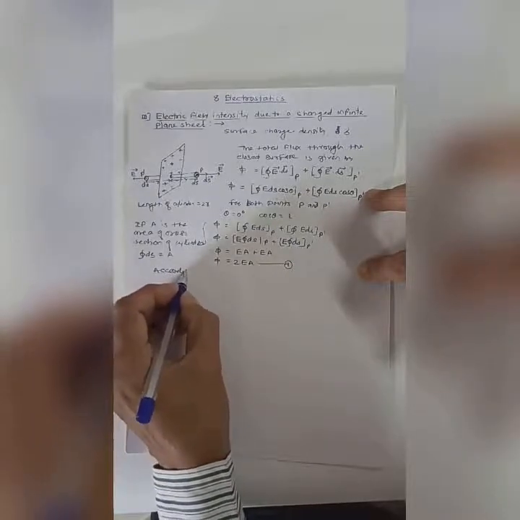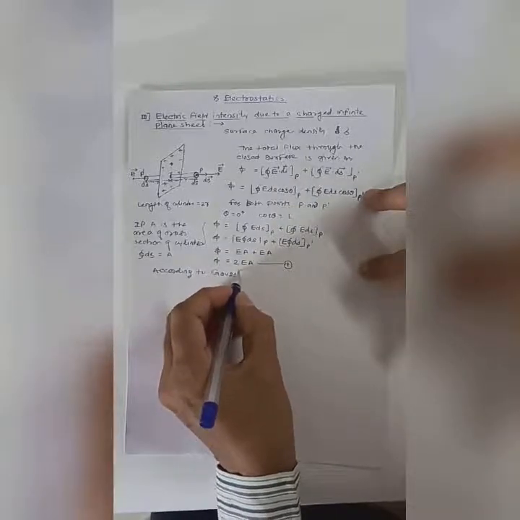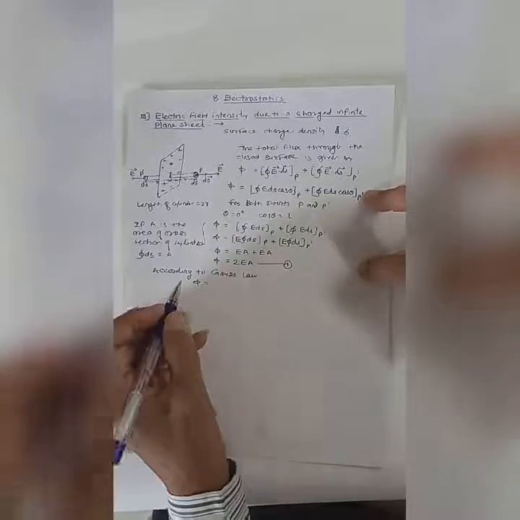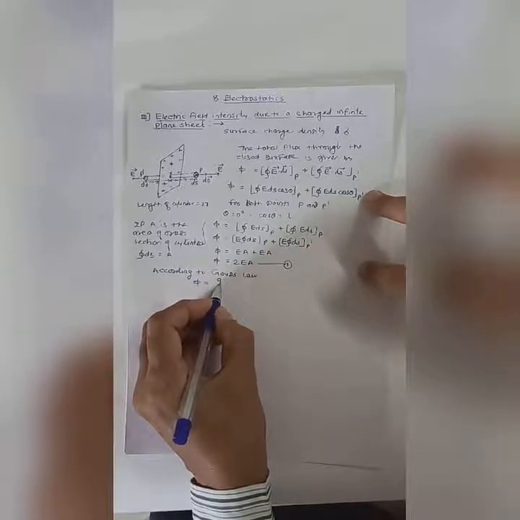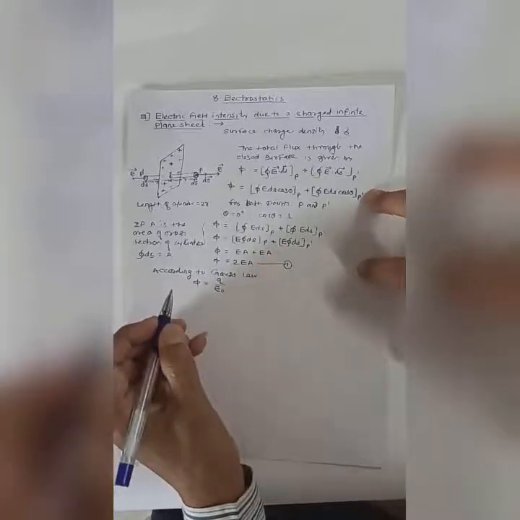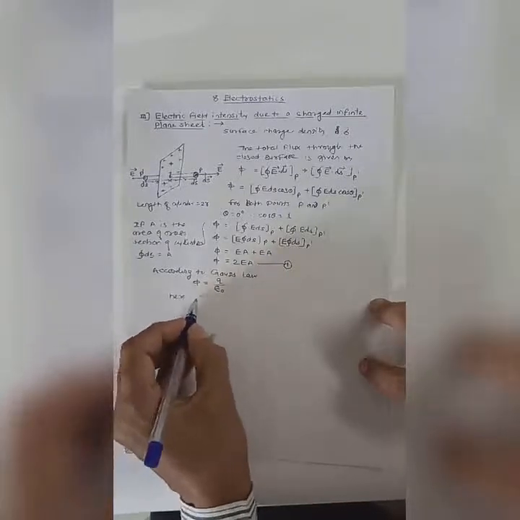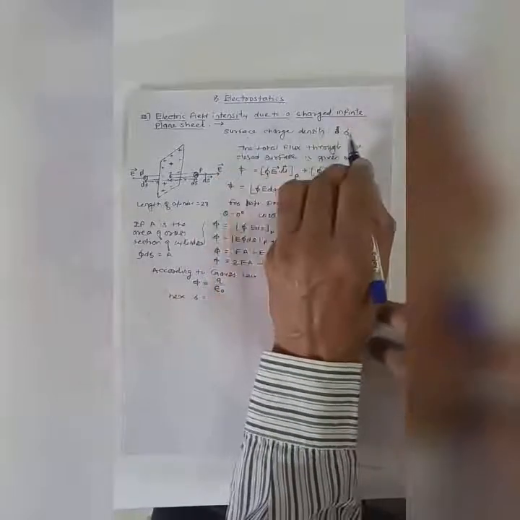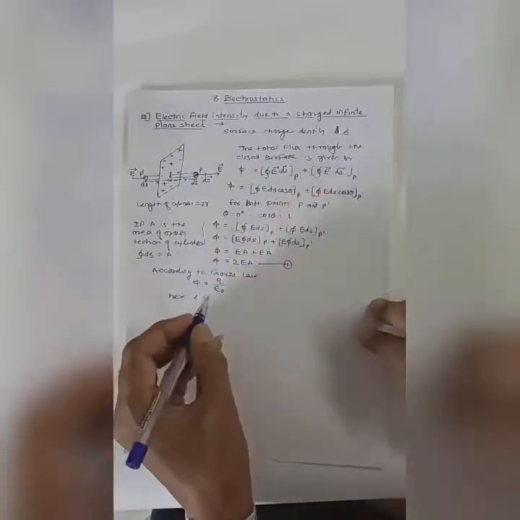According to Gauss law, the total electric flux through the closed surface phi is equal to total charge divided by epsilon 0. Here, what is sigma? Sigma is the surface charge density, also called charge per unit area.